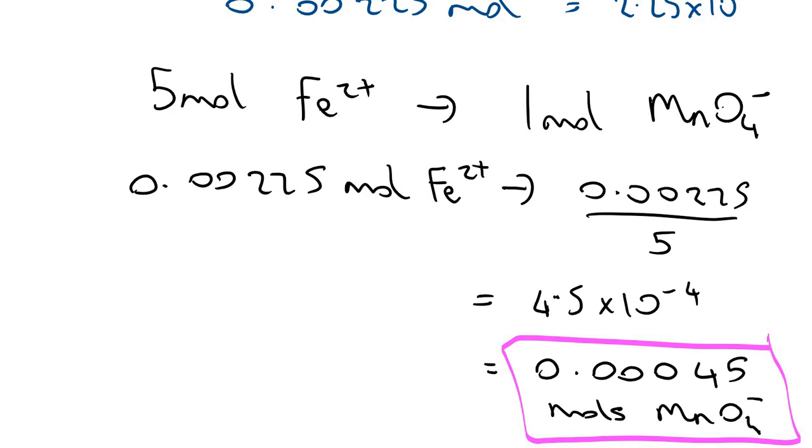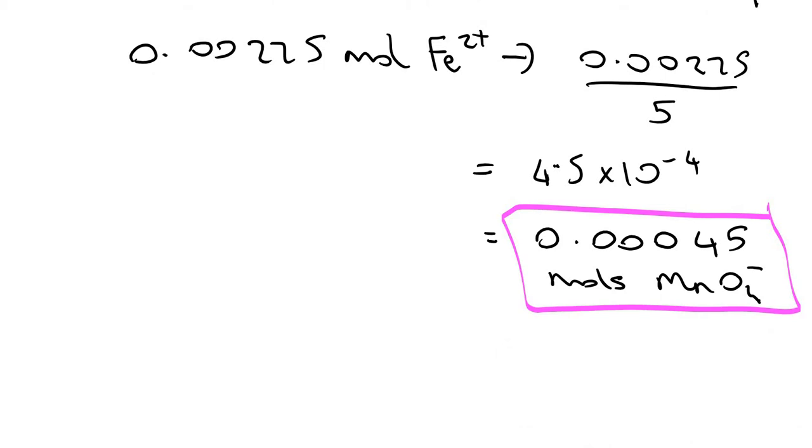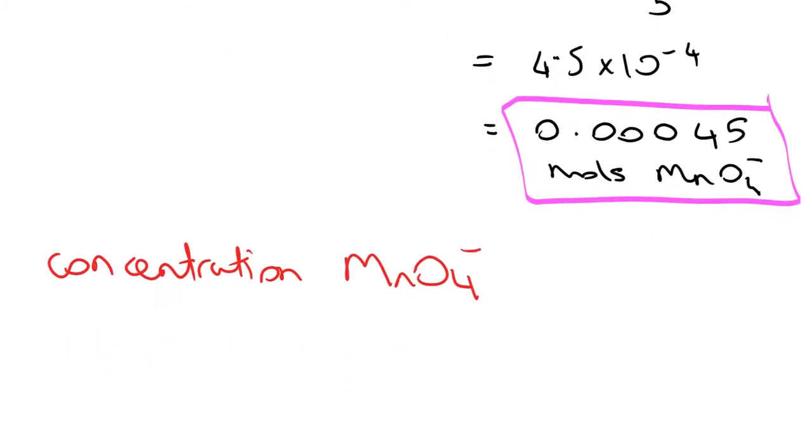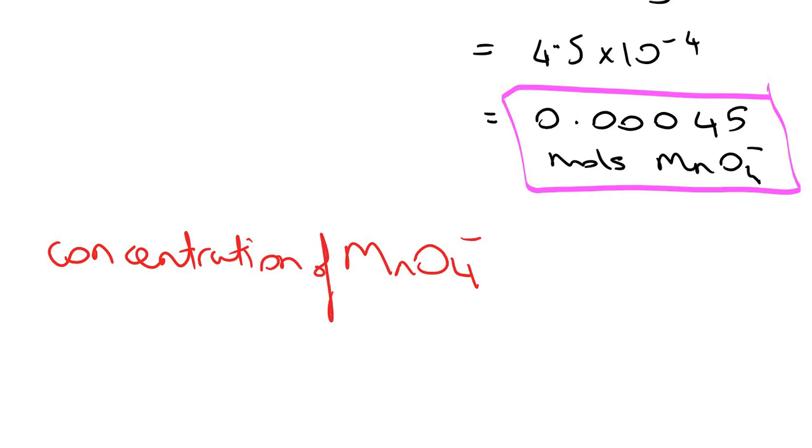Okay, so in solution, there are that many moles of manganate that reacted with this many moles of iron. Remember, that's in the solution that reacted with 25 centimeters cubed of the iron. So, according to the titration, that many moles of the manganate reacted with the iron. Well, if we want to work out the concentration of that, then what we need is the volume and the number of moles. So, C equals n over V, concentration equals number of moles divided by volume.